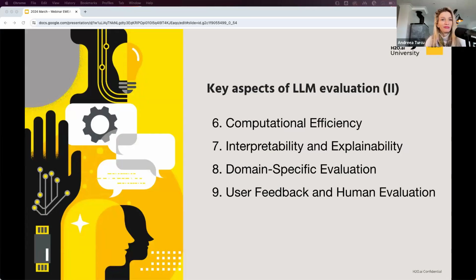For example, computational efficiency. Computational efficiency for me is yet another important key aspect of LLM evaluation, because during your evaluation of different models, you might consider the computational resources required to train and deploy the LLM.